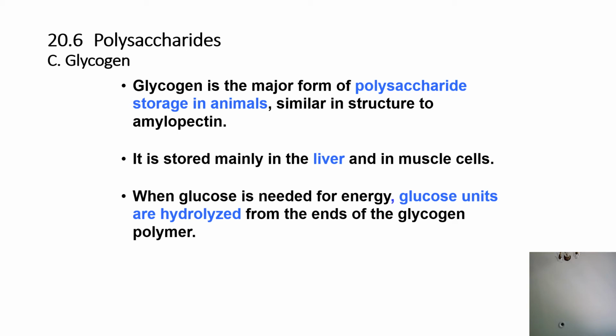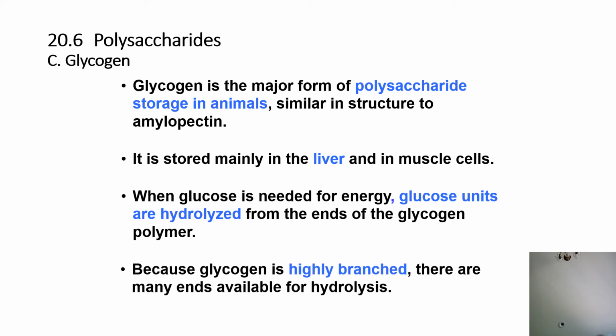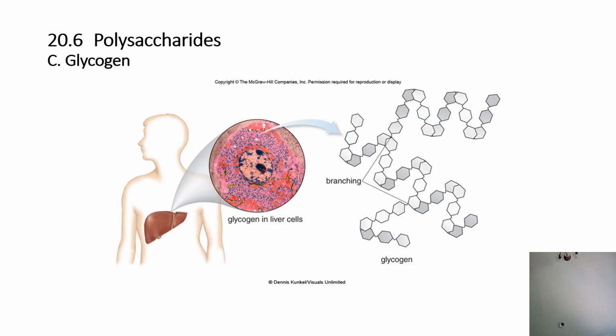And when glucose is needed for energy, the glucose units are then hydrolyzed from the ends of the glycogen molecule. Because glycogen is highly branched, there are many ends available for hydrolysis.